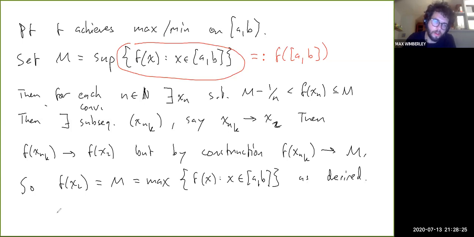And the proof for the minimum is similar.